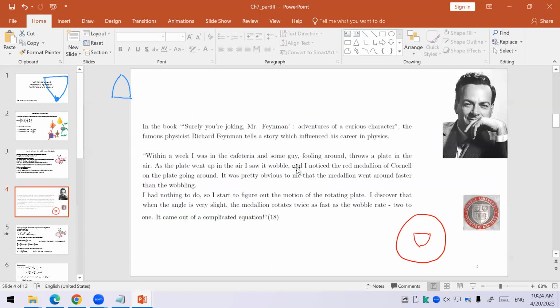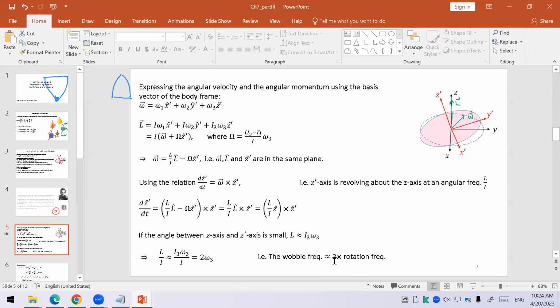And in fact, in his book he said that he tried to calculate this, and he actually got the ratio to be 1/2 instead of 2.